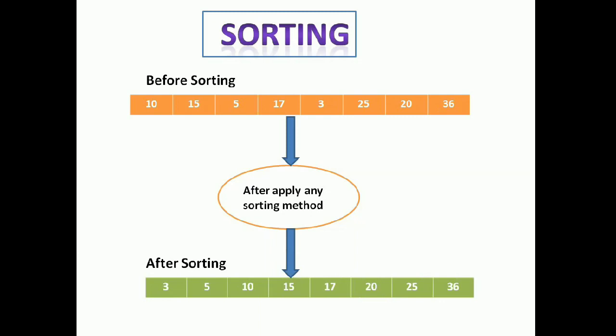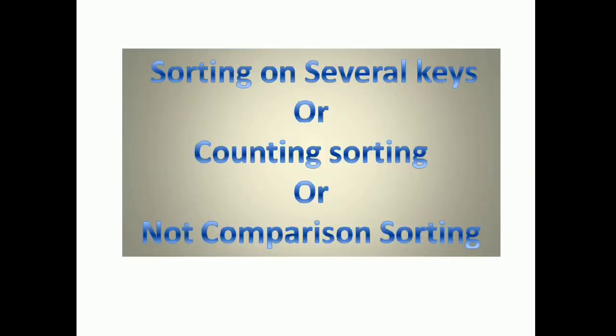Now we dive into the actual topic: sorting on several keys. This is also called counting sort, not comparison sort. Why is it called not comparison sort? It is a unique sorting compared to all the sorting techniques, totally separate.